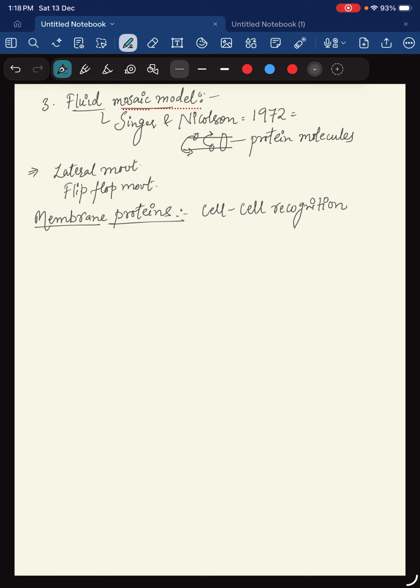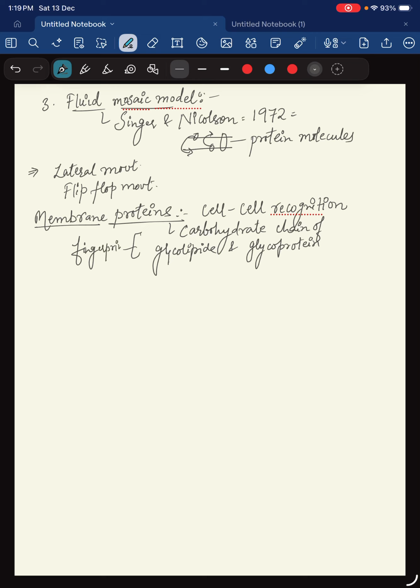So the carbohydrate chains of glycolipids and glycoproteins serve as the fingerprint of the cell, as they recognize and identify whether the cell is a self or foreign type of cell.